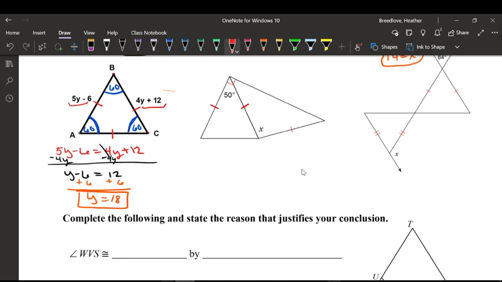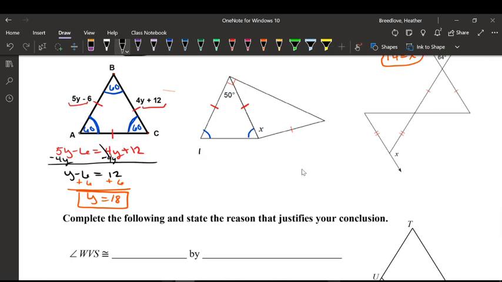So it's isosceles. I know for isosceles triangles, the base angles are congruent. And if I have the top, I can figure out what the base angles are because all triangles add up to 180 and those are the same.